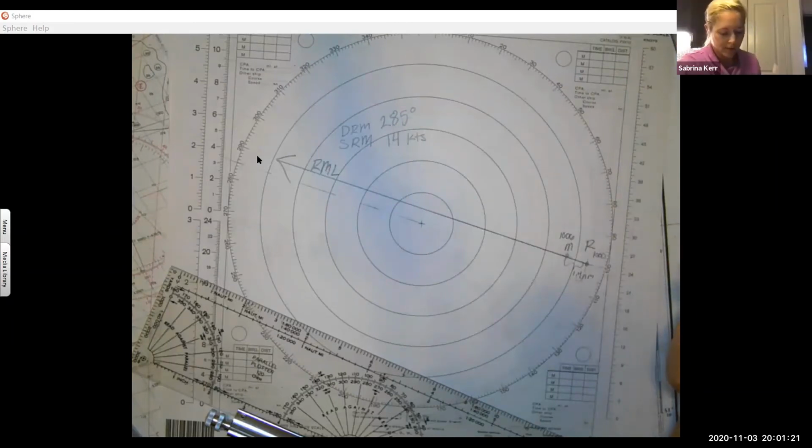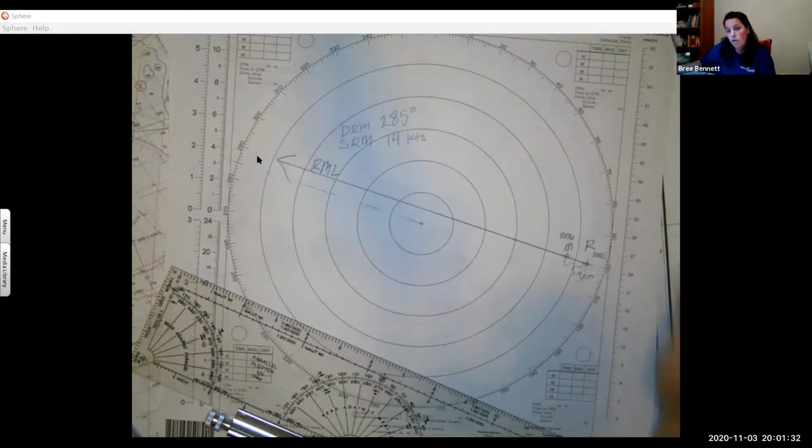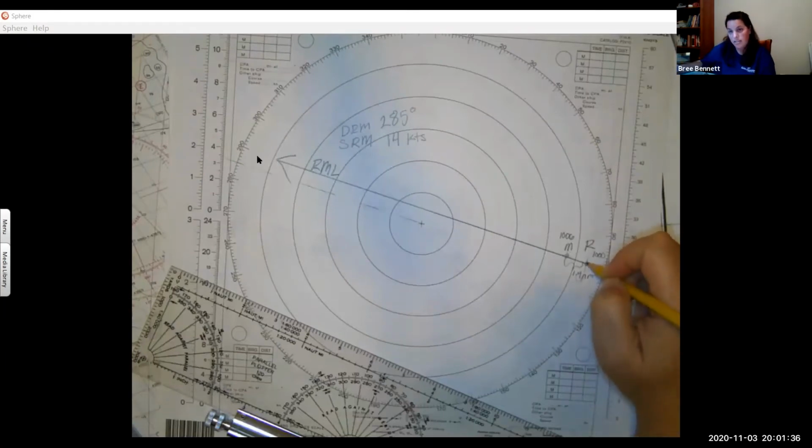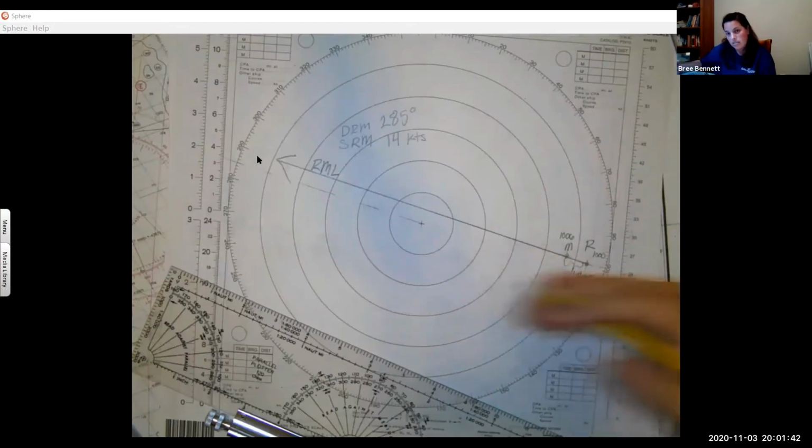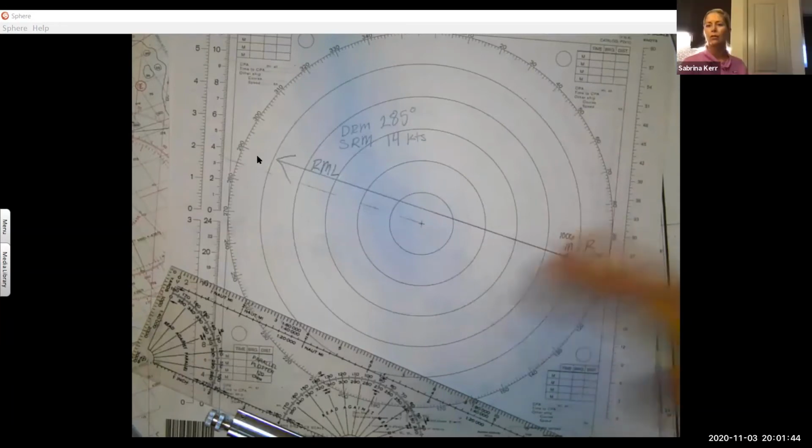Couldn't you just subtract 10.8 from 9.4, which are the two blips that were given? That will work only if it's a constant bearing. This bearing changed a little bit, so it's not exactly that distance.